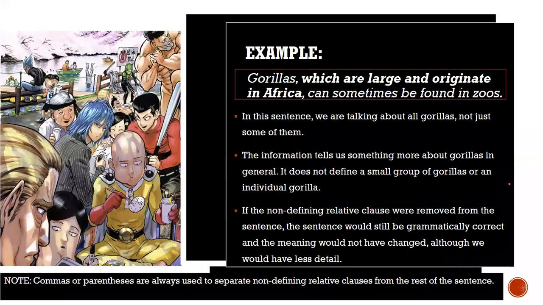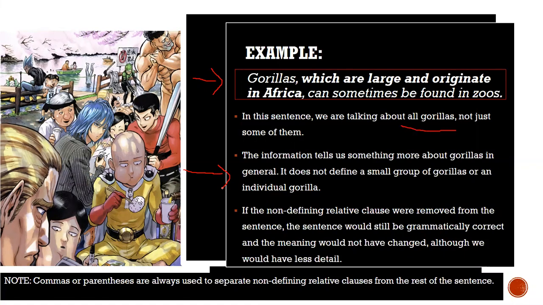Here we can see it in an example, right? So this example right here, if we say "gorillas, which are large and originate in Africa, can sometimes be found in zoos," we're talking about all gorillas, all right? All gorillas, not just some of them. So the information that we're adding right there is general about gorillas.